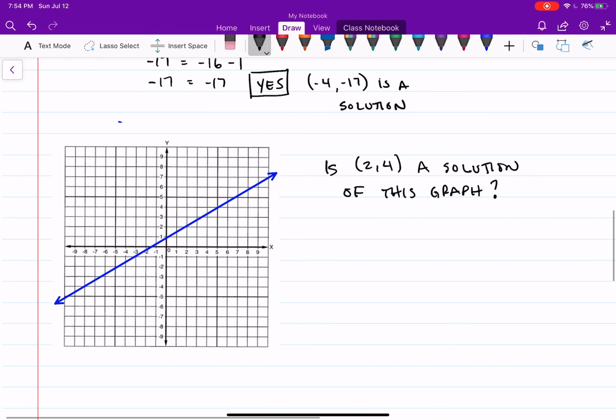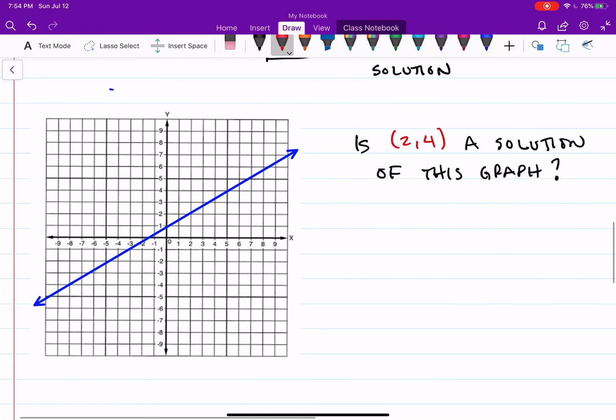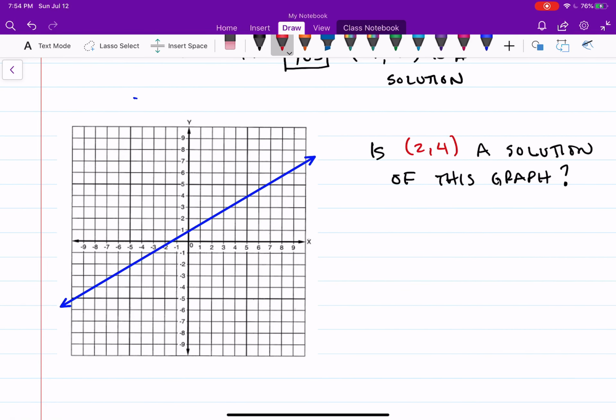This is easier. Why? Because, let's make this point red. Okay? So if you were to plot (2, 4), 2 is positive, so I move right. 4 is positive, and that's a y value, so I move up. So here's my (2, 4). And basically this question is asking, is this point on that blue line, on that graph line?